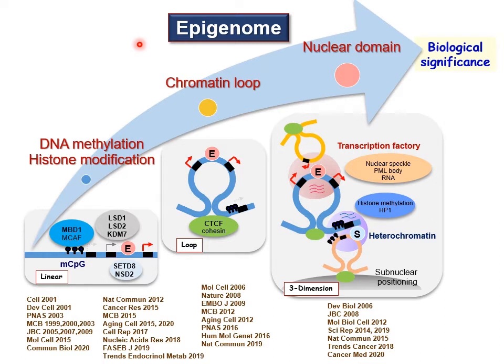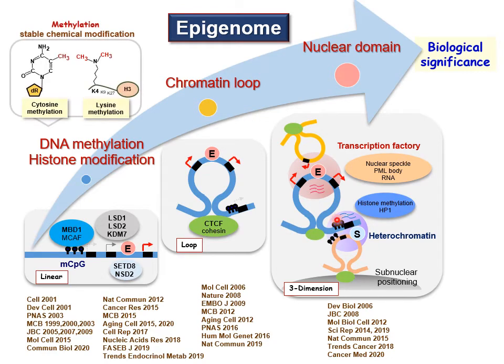We think the epigenome has three layers: the linear epigenome by DNA methylation and histone modification, chromatin loop formation, and then nuclear domain. Transcriptionally active genes make a transcription factory, like here, and inactive genes make heterochromatin.